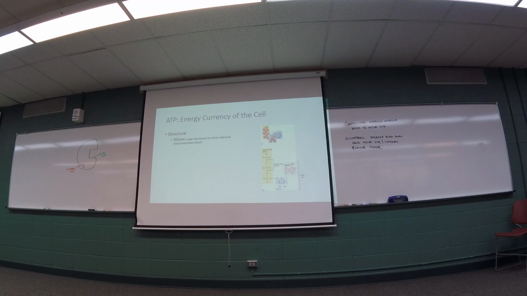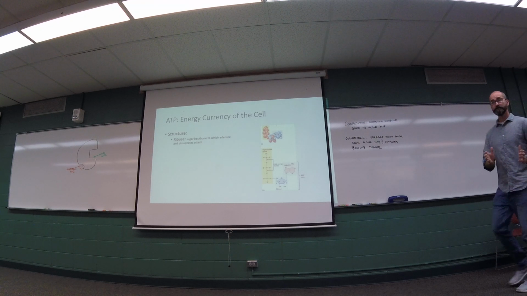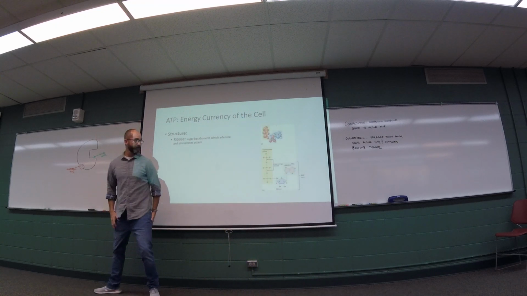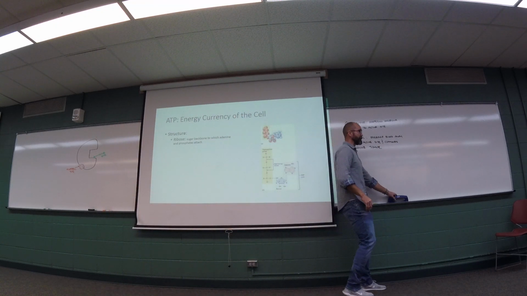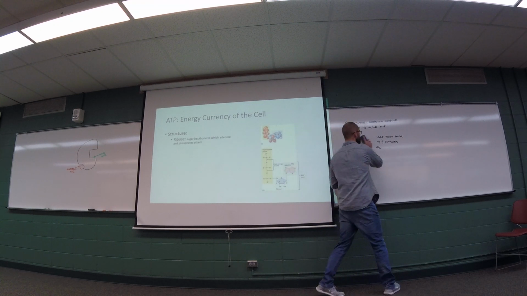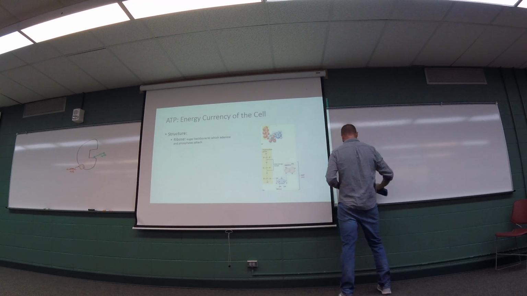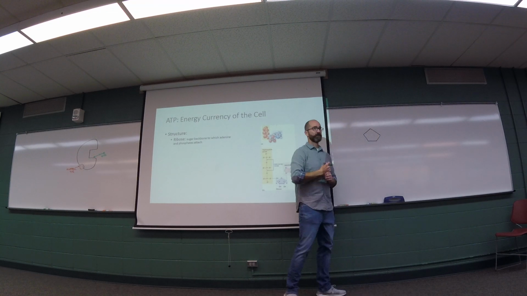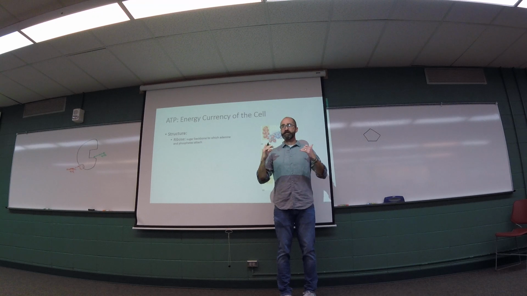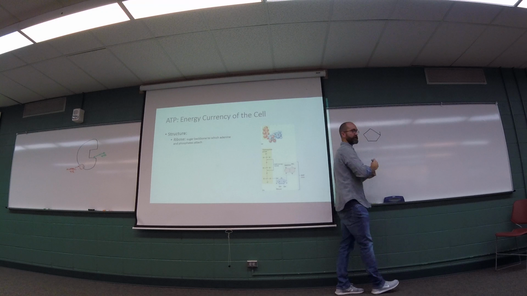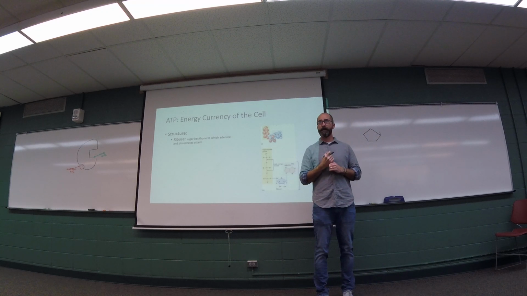Now what I'm going to do is draw a monomer, and I want you to tell me what that monomer resembles. So ATP consists of three things. It consists of a central sugar called ribose, and I hope already this is starting to sound familiar to you guys. Then attached to that central ribose, there is a nitrogenous base that is a purine.